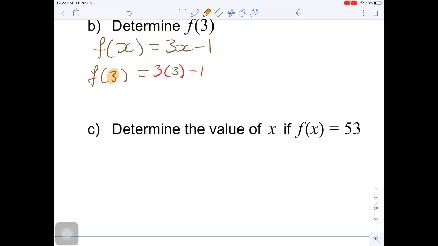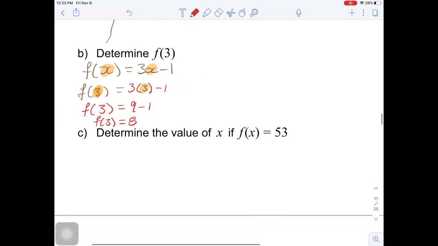What did I do there? I replaced my x values with 3. And now I'm just solving this. So f at 3 equals, well, 3 times 3 is 9 minus 1.